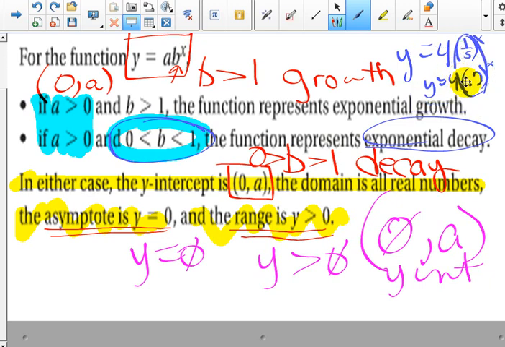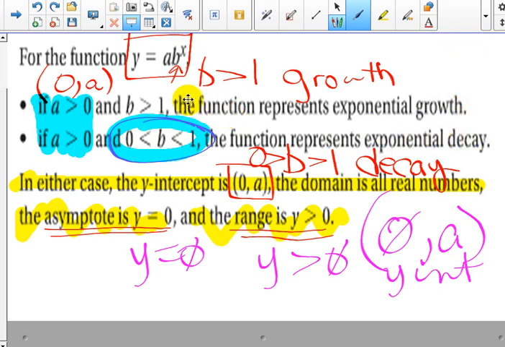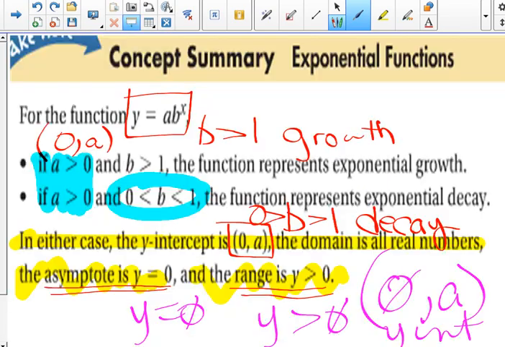Pretty easy stuff. So let's apply all this to the first problem. Start out by writing your formula: y equals a times b to the x power. Now let's apply.